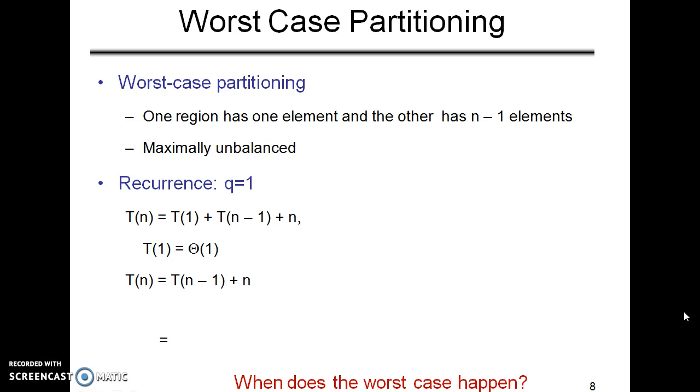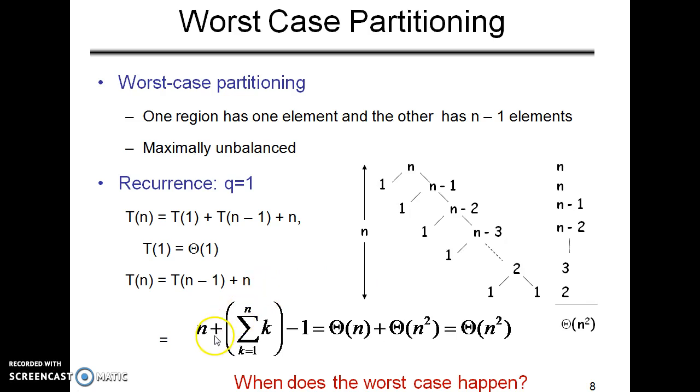That means if there are n elements in the given array, there will be only one element in one region and n minus 1 elements in the remaining region, which is maximally unbalanced. So Q is equal to 1, and the recurrence will be T(n) = T(1) + T(n minus 1) + n, where T(1) is theta of 1, because with only one element the complexity of quicksort is theta of 1.